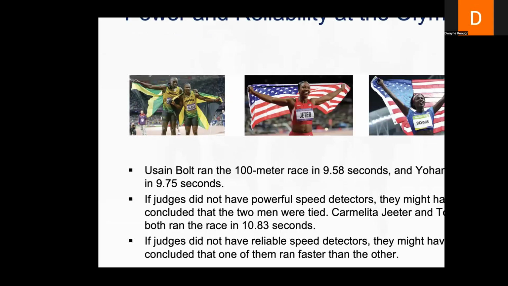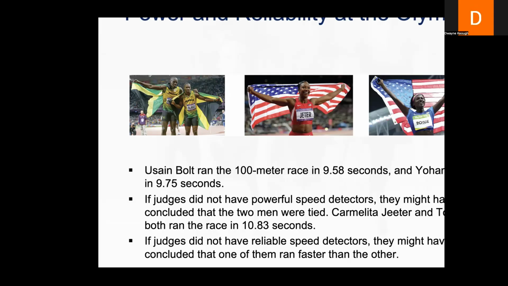Imagine for a second that you are watching a 100-meter sprint of Usain Bolt and the competition. Now, if you don't know who he is, he at the time was the fastest human on Earth in the 100-meter sprint. He holds the world record of 9.58 seconds. Now, Johann Blake ran it in 9.75 seconds.